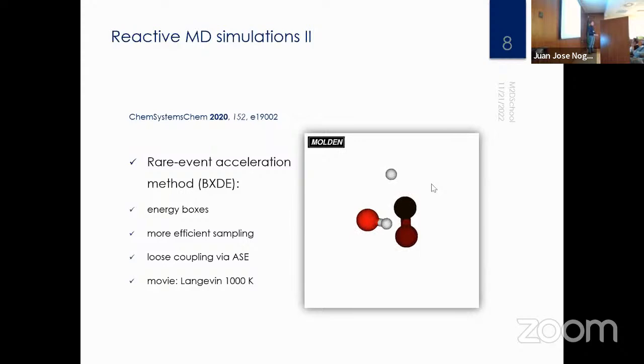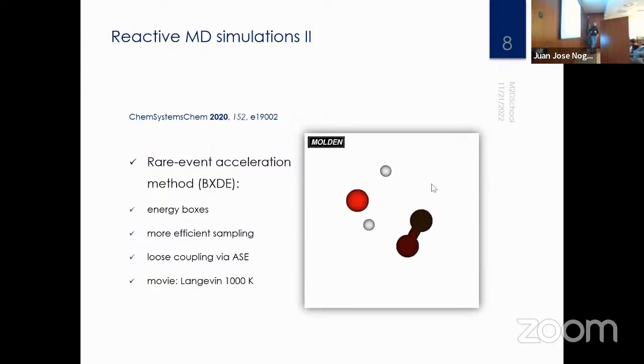Once we are happy with the results, we allow the system into the next box, and so forth. That way, we sample both entropically and enthalpically favored transition states more or less with the same probability. Algorithmically speaking, this is more efficient, so you get more transition states for the same simulation time compared to standard MD.